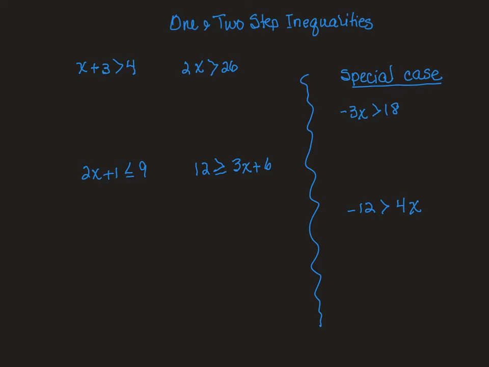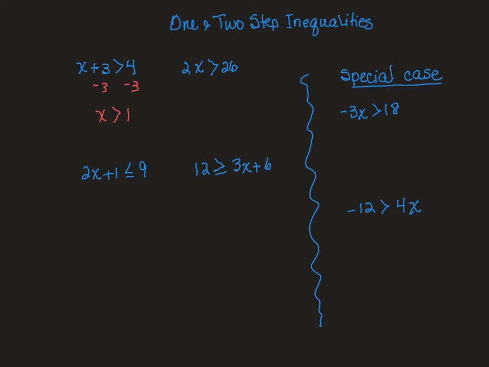So in the first one, x plus 3 is greater than 4, it's the same process as if it was an equation. I'm going to take 3 away from both sides because I want to balance it out, even though it's an inequality. And I'm going to get x has to be greater than 1.